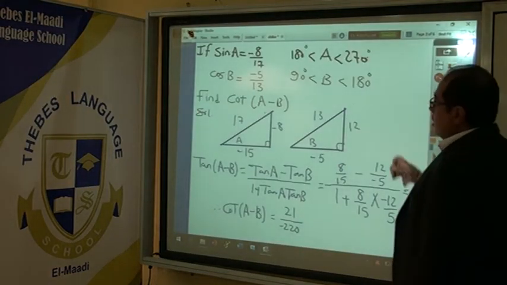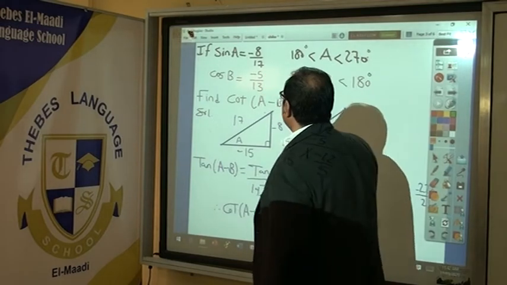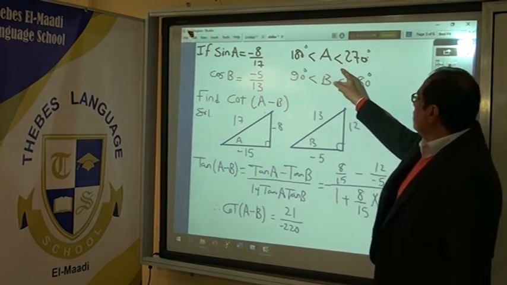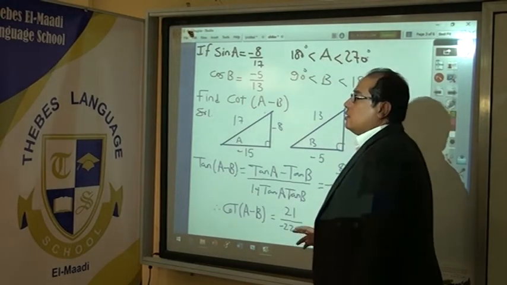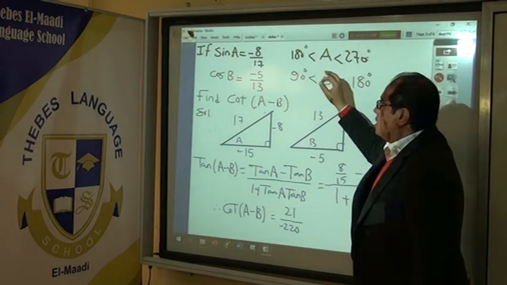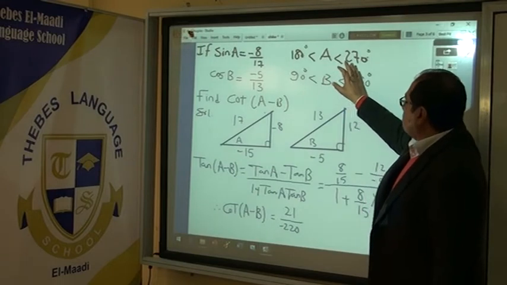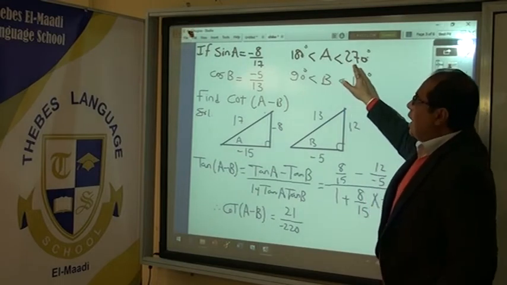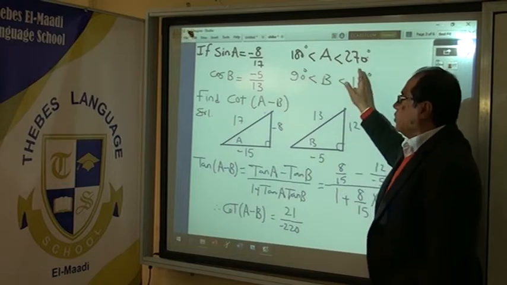Another example. If sine A equals -8/17, given that angle A is more than 180 degrees and less than 270 degrees, this means that angle A is in the third quadrant. In the third quadrant, I know that the cosine is negative and the sine also is negative.